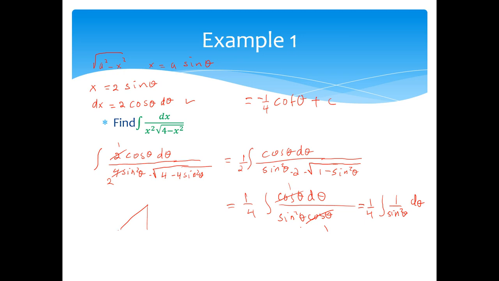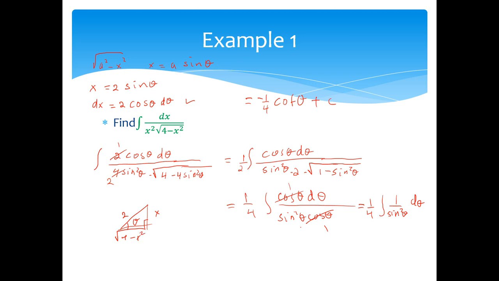This is my right triangle, this is my theta, this is my x, and this is my hypotenuse 2. Then this side is going to be the radical of 4 minus x squared.